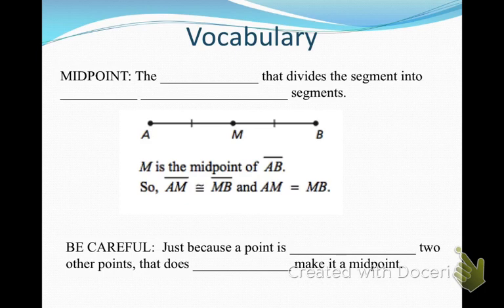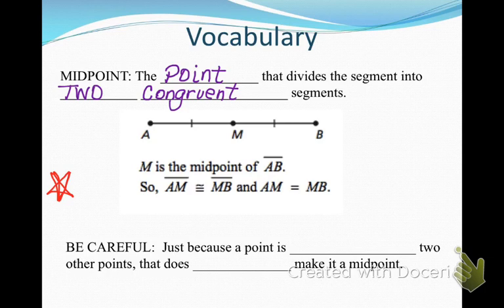The midpoint is the actual point that divides the segment into two congruent segments. Now, if I'm going too fast, you just pause your video and write down the notes you need. Please draw this line on your notes, line segment AB. And I know that point M, and I want you to put a star by this because I'm going to read this.